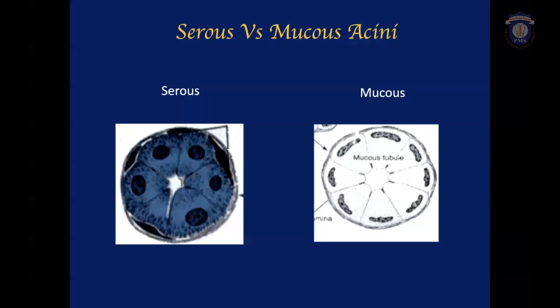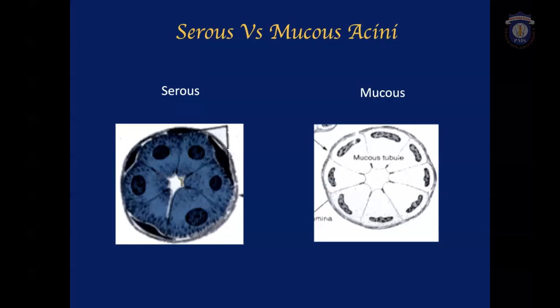And the apical portion can be stained strongly with carbohydrate stains because the cells will contain full of carbohydrates, mucopolysaccharides. So it can be visible properly if you do a special stain like periodic acid Schiff stain or PAS stain, or you can put Alcian blue stain.